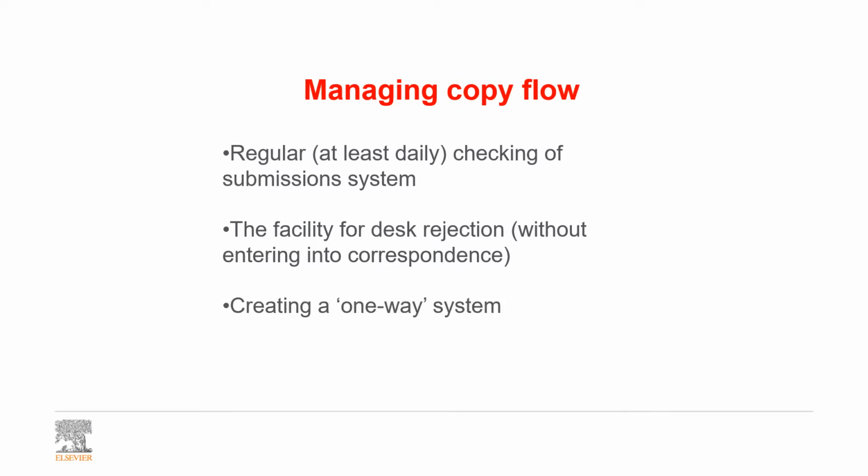The third point, which I found very important, is to create a one-way system round your submission and acceptance system. In other words, when one person deals with a manuscript and moves it on, it should not come back to the person who's moved it on. So as an editor-in-chief, if you have associate editors or editors working with you and you move the paper onto them, they should be the one that is then dealing with it.